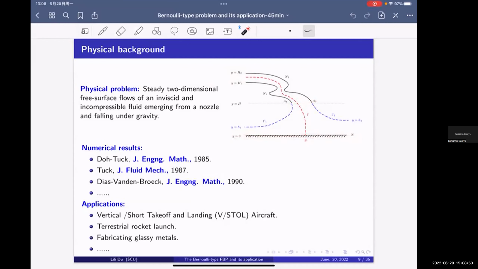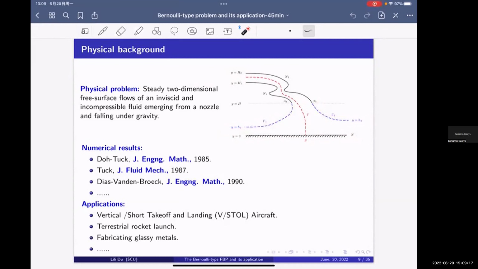The incompressible fluid impacts on the ground and formulates two free boundaries, gamma 1 and gamma 2, which initiate at A1, A2, the endpoints of the nozzle wall, and go to two different downstreams in the far field.